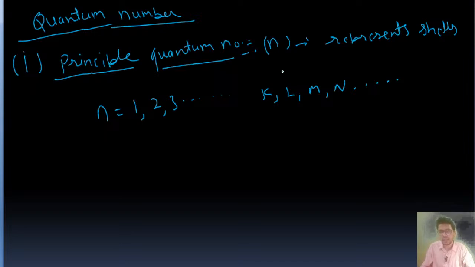So n represents shells, and n values are integers: 1, 2, 3, and so on.